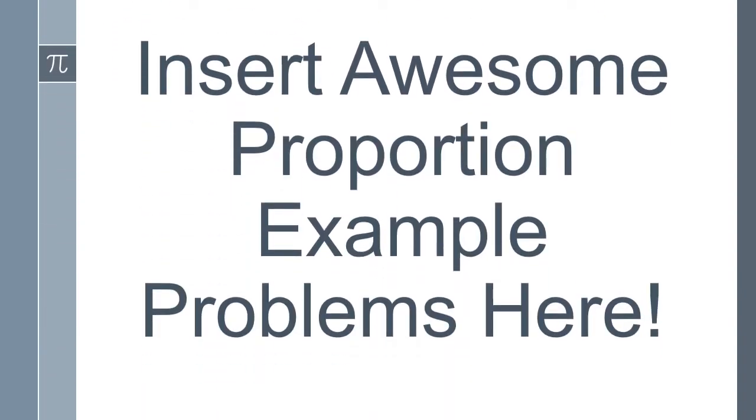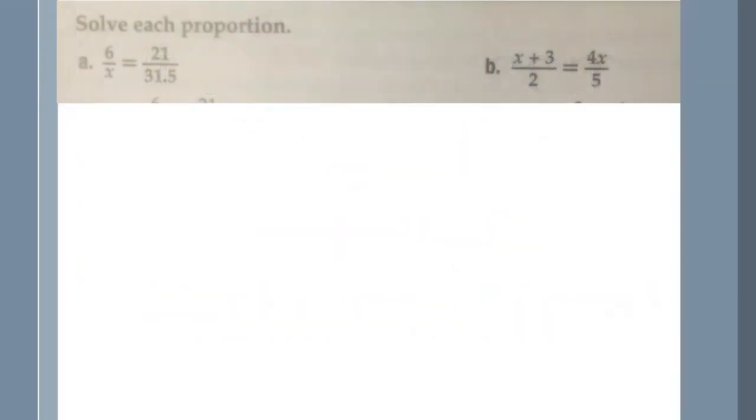So let's do some awesome proportion example problems. All right, so in this first one, I have 6 over x equals 21 over 31.5. So we're going to use, they call this actually means extremes, or product theorem. So we're going to use that right now.